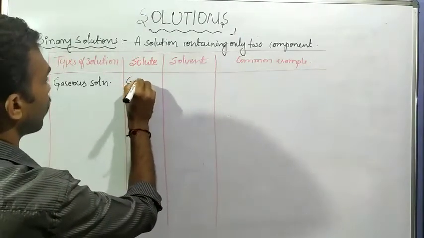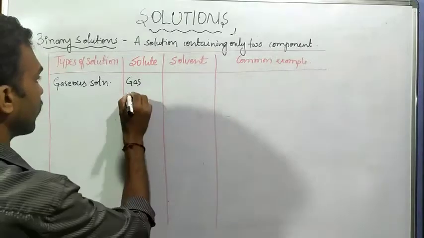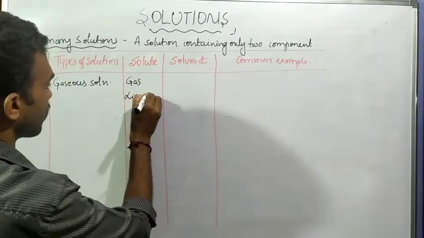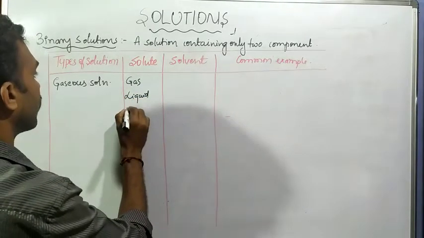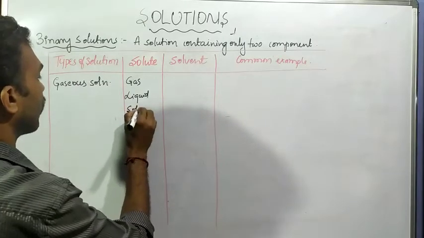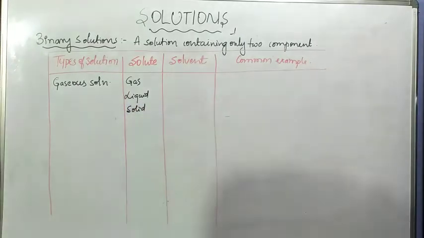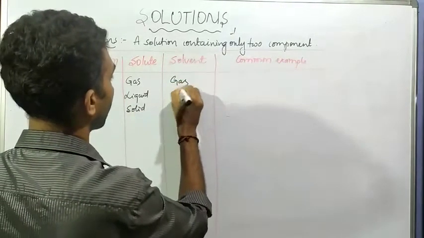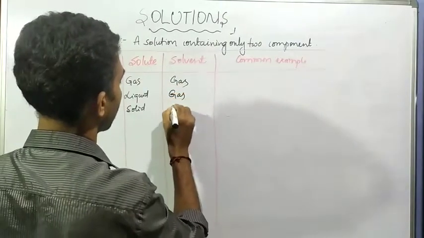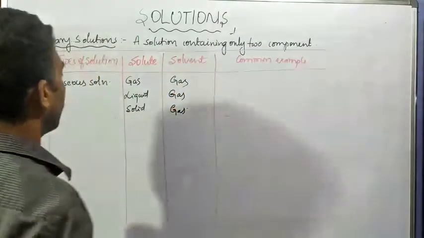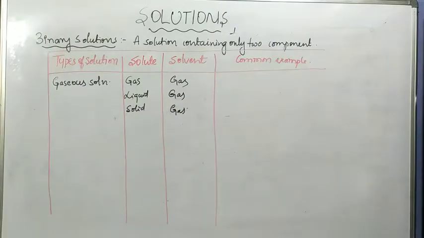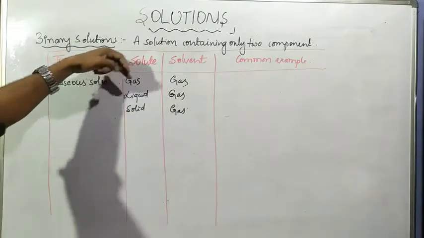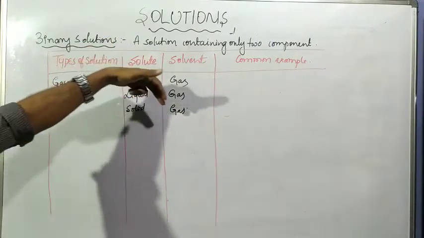Gas, liquid state, and then solid. ಸೊ ಸಾಲ್ಯೂಟ್ ಎನ್ನುವಂಥದ್ದು ಗ್ಯಾಸ್, ಲಿಕ್ವಿಡ್, ಸಾಲಿಡ್. ಸೊ ಸಾಲ್ವೆಂಟ್ gaseous solution ಅಂದ ತಕ್ಷಣ ಎಲ್ಲದೂ ಕೂಡ ಗ್ಯಾಸ್. ಸೊ gaseous solution: gas in gas, liquid in gas, and then solid in gas.